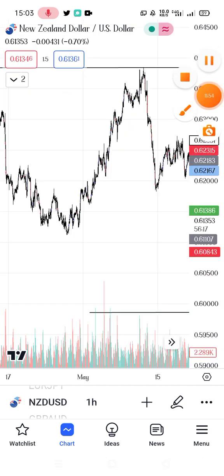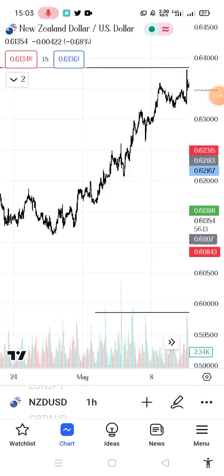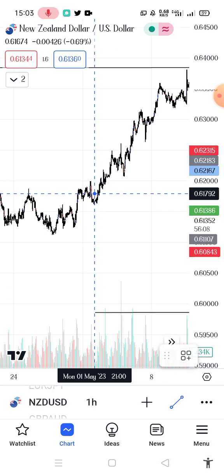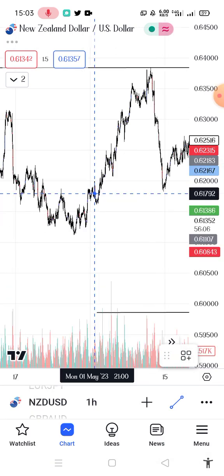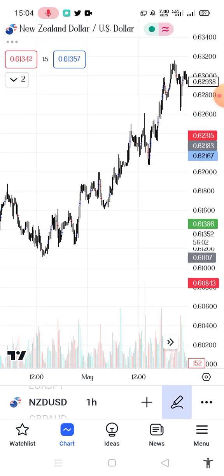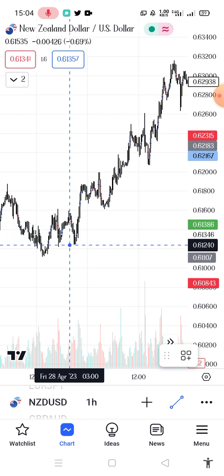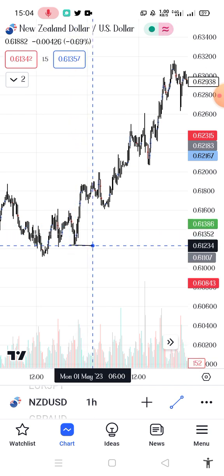All right, so this is an uptrend. This here, higher low, right?